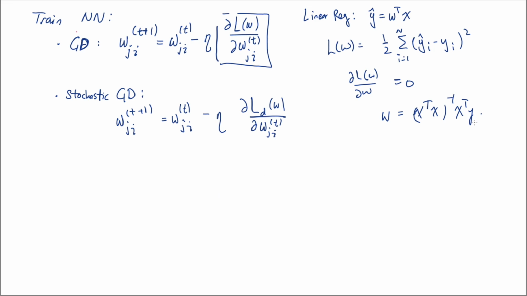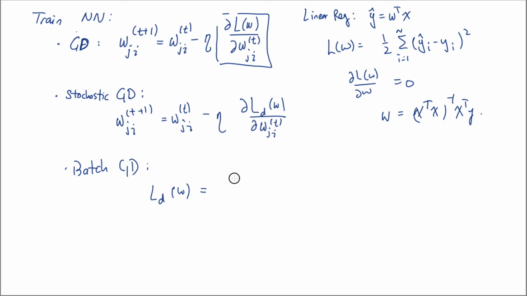I just want to mention here that we usually use batch gradient descent, or batch training. In this case, what does L_D(w) mean?